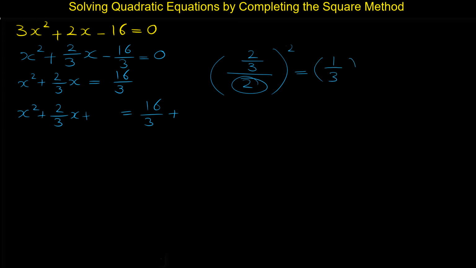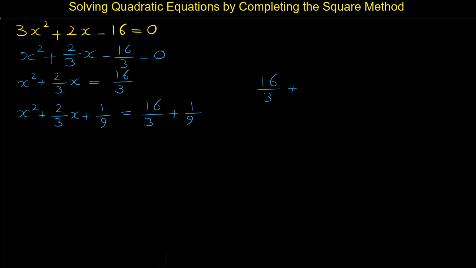1/3 squared is 1 over 9. So we have to add 1 over 9 to both sides of the equation. 16 over 3 plus 1 over 9 can be simplified with a common denominator.